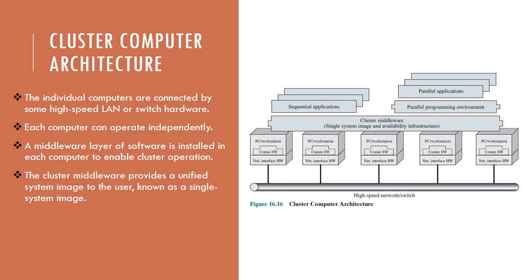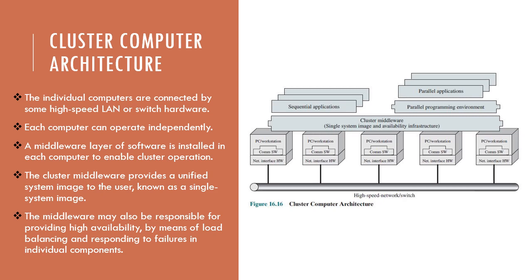The user of a cluster does not know that the entity it is talking to is not one computer. He always feels that it is one computer. The middleware may also be responsible for providing high availability by means of load balancing and responding to failures in individual components.